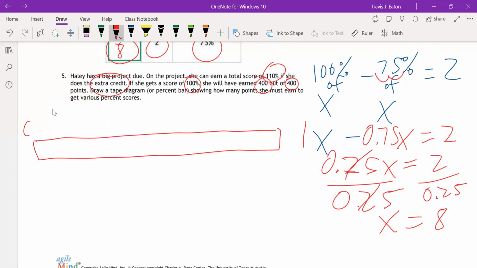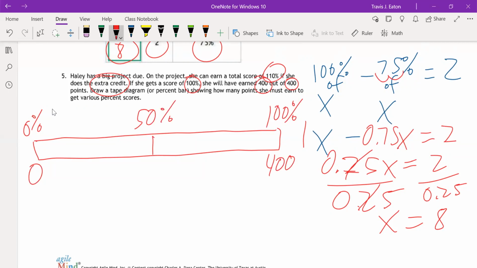And so remember, down here we've got 0% would be 0 points. And up here, 100% would be the 400 points, right? Now, remember all those cool benchmarks, right? We know benchmark percents. So, for example, if we know what 100% is, we can find 50% because that's going to be half.